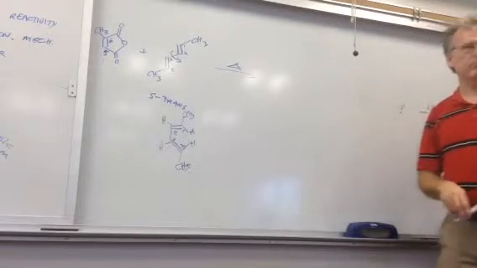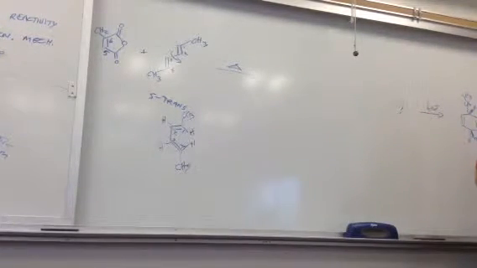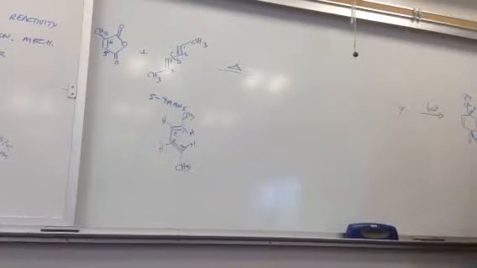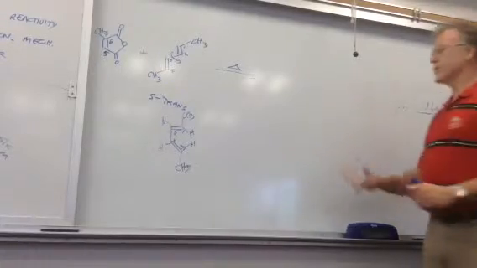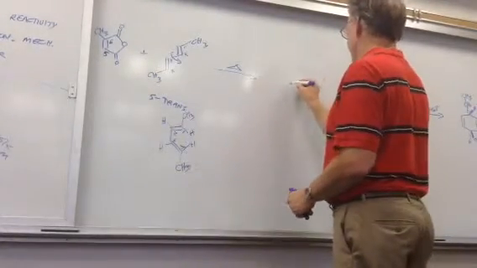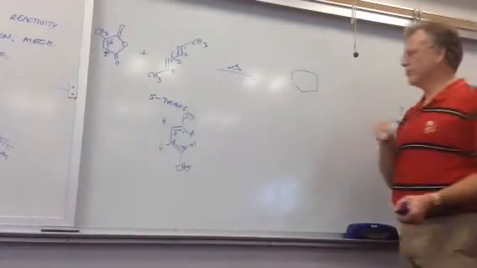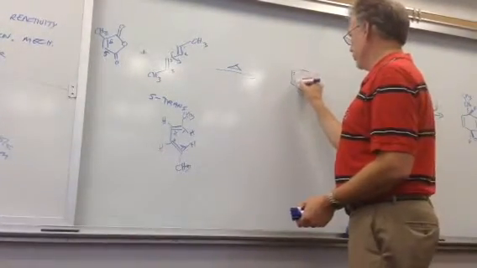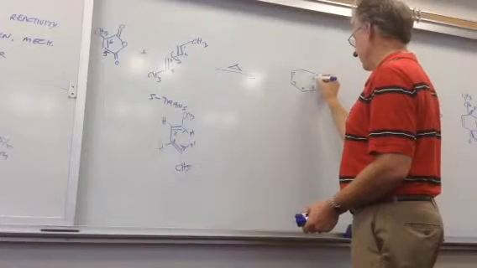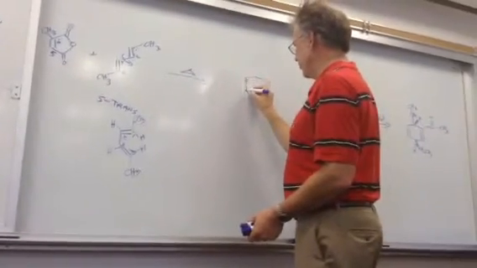So what do we do now? Make your 6 carbon ring. Double bond, 1, 2, 3, 4, 5, and 6. Double bond between 2 and 3.